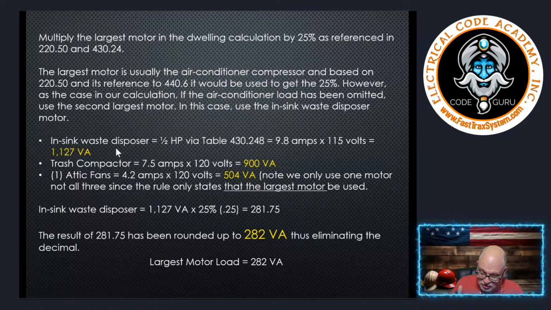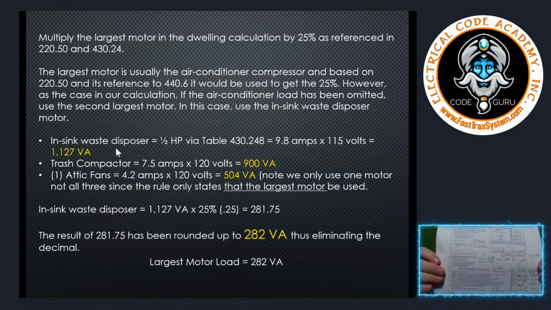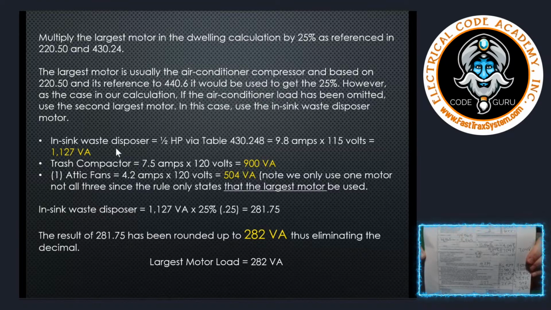So the last step for the neutral accounts for 282 amps. I'm going to write that down as 282 for my neutral. So far, this is what it should look like to you folks. Look how I filled this all out, and look, I've got neutral loads right there beside it. We'll verify those in a second, but we're good to go.